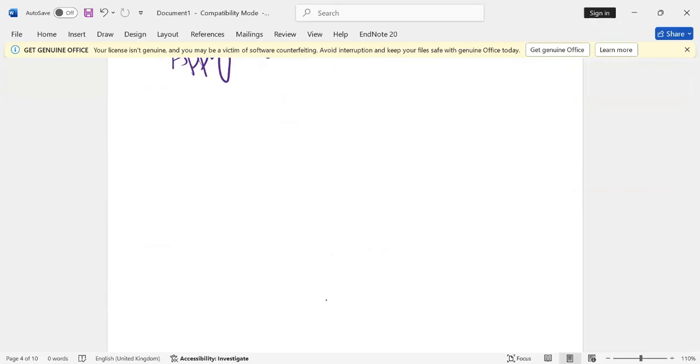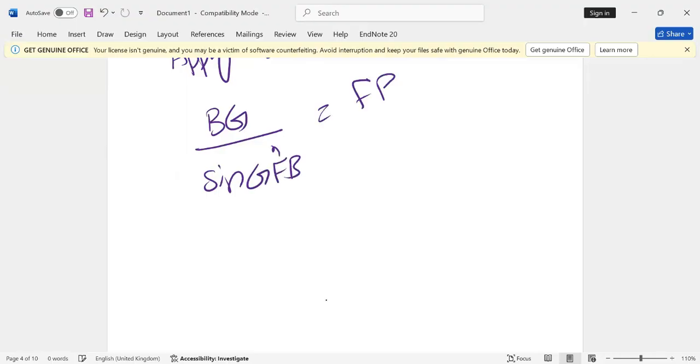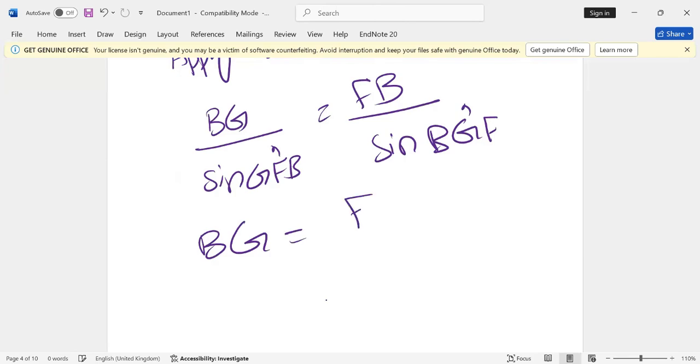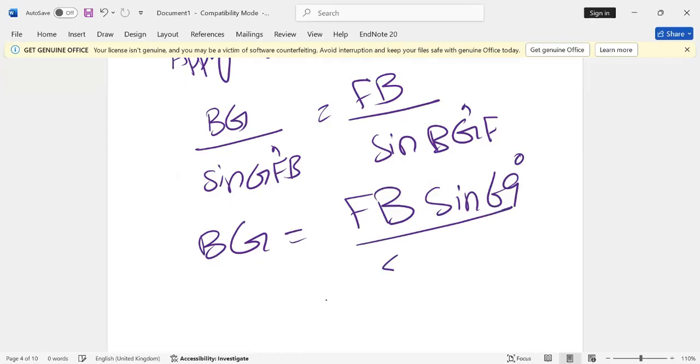We have BG divided by sine GFB equals FB divided by sine BGF. Okay, so BG equals FB sine 69 divided by sine 74 degrees.